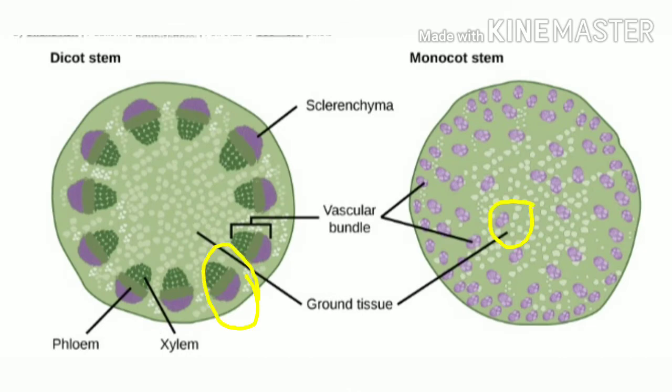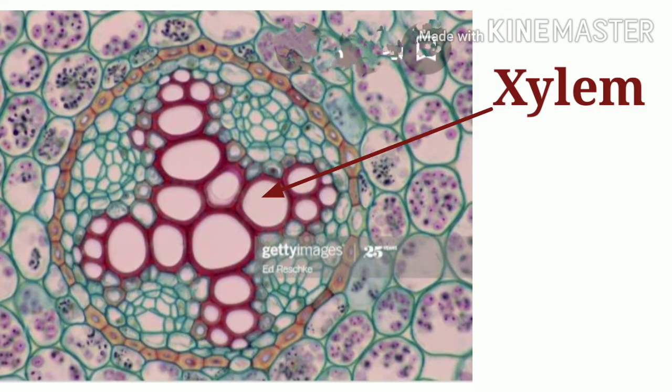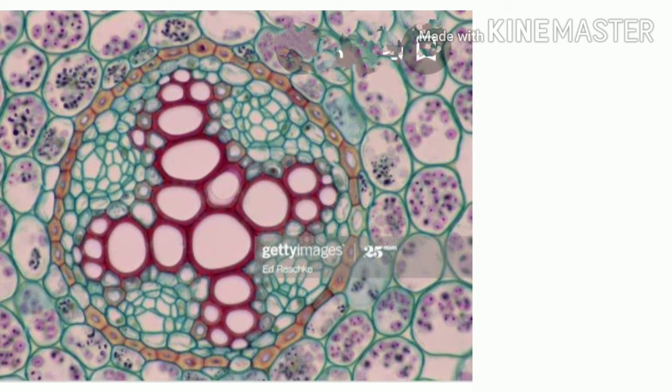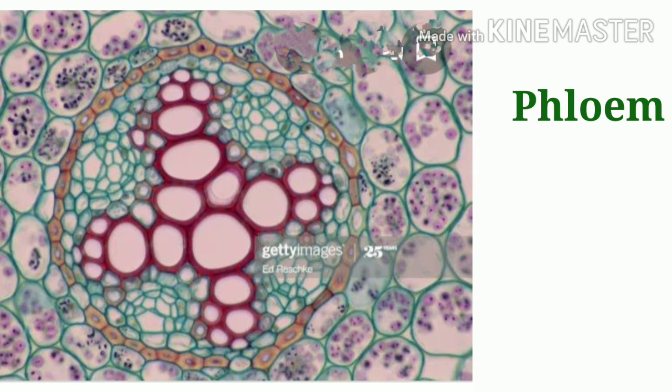They are bundled together to form a continuous system of tube-like channels extending throughout the roots, shoots, and the leaves. Xylem helps in the conduction of water and minerals only in one direction, whereas phloem helps in transport of manufactured food from leaves in both directions, that is, upward and downward.